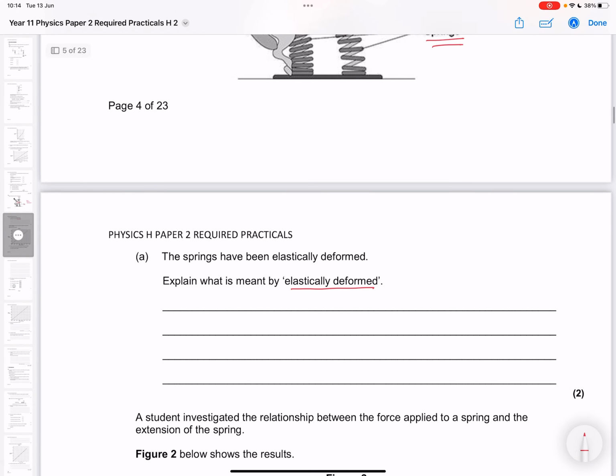In this case, the spring changes shape, in this case compressed, when the child sits on it.